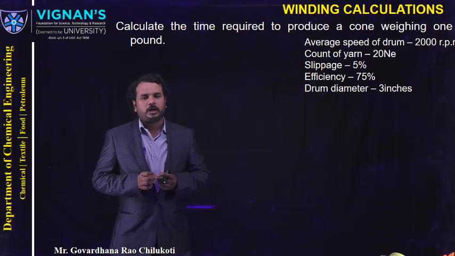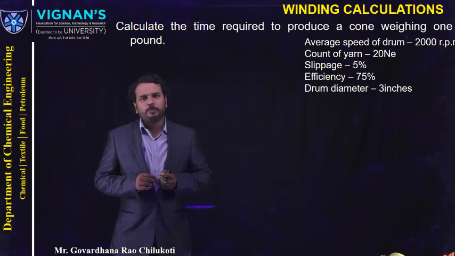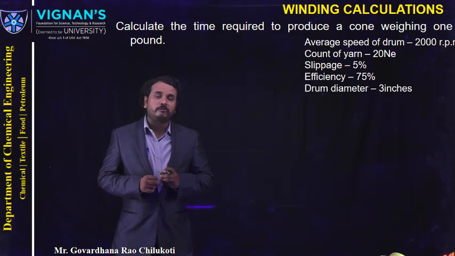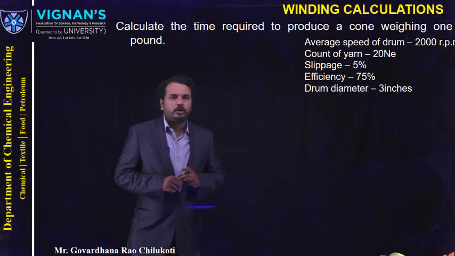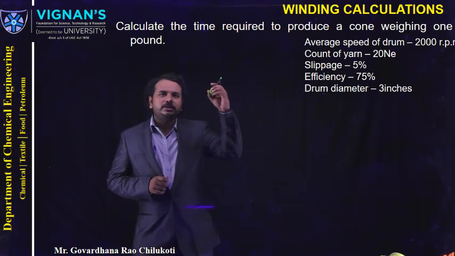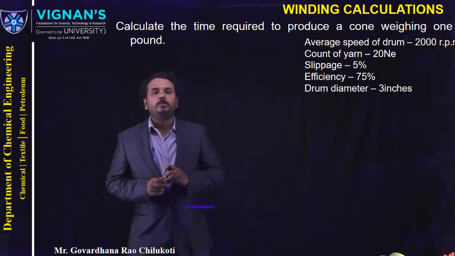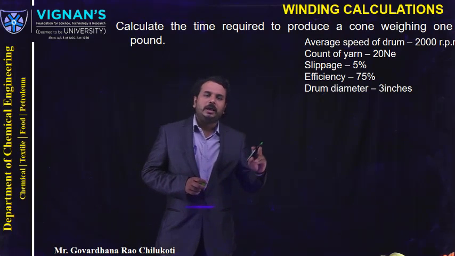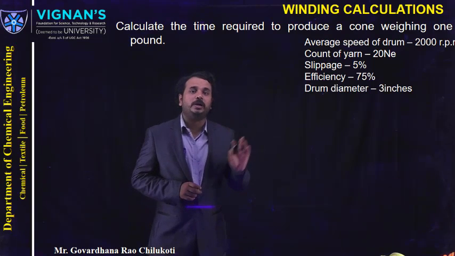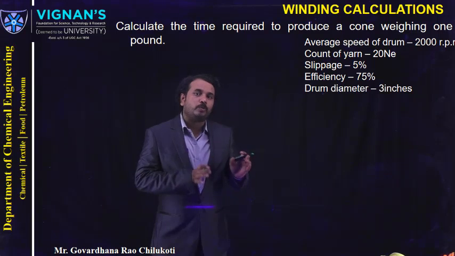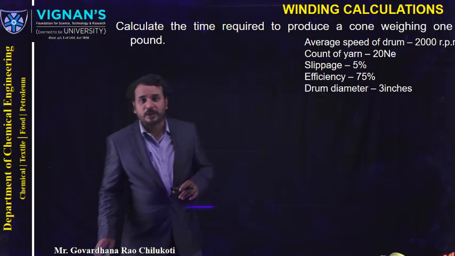If a cone weighing 1 pound is to be produced in the winding machine, calculate the time required to produce a cone weighing 1 pound. We will see how we can calculate.